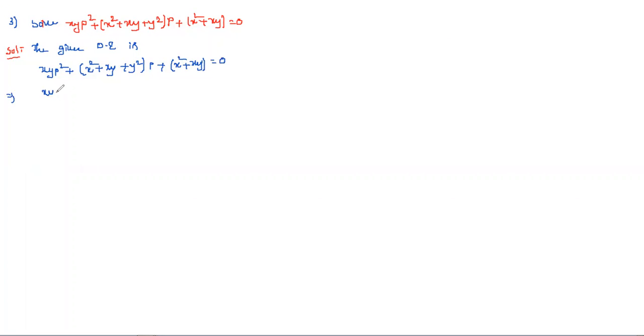Then xy p square plus x square p plus xy p plus y square p plus x square plus xy is equal to 0. I just multiplied p into the terms. Now we have to simplify this one.